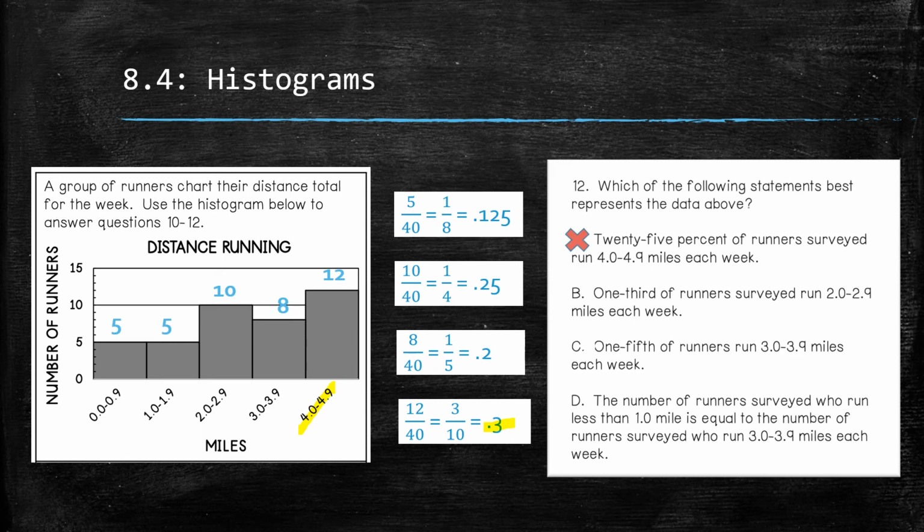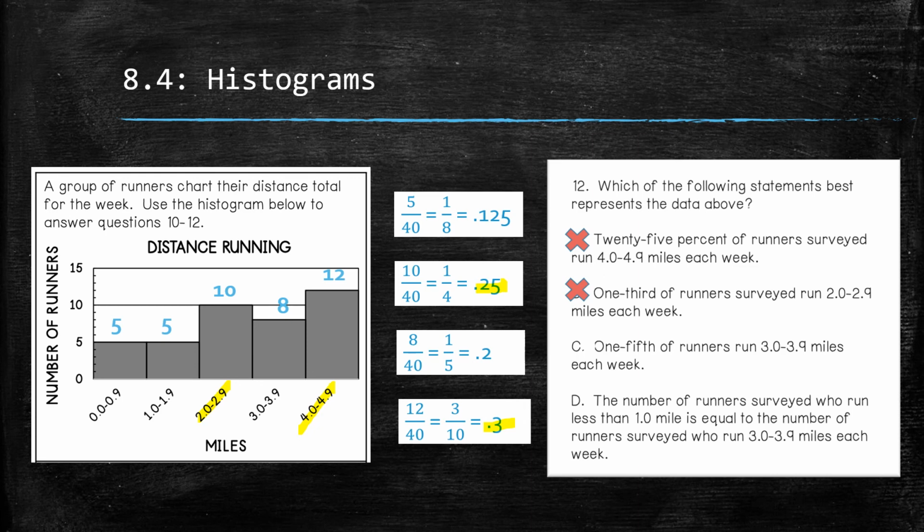B, 1/3 of my runners surveyed run 2 and 9/10 of a mile each week. That one corresponds to this one here, which is 1/4. So that is incorrect.